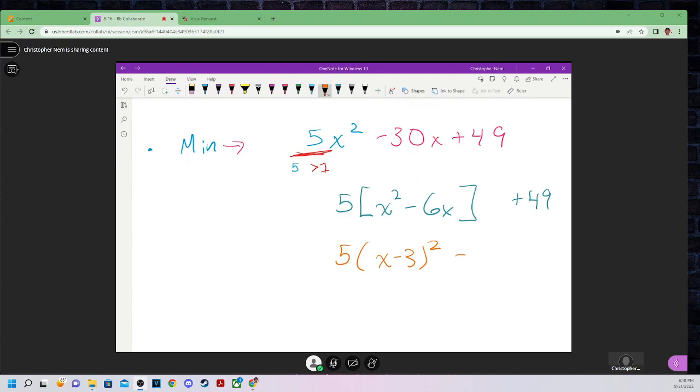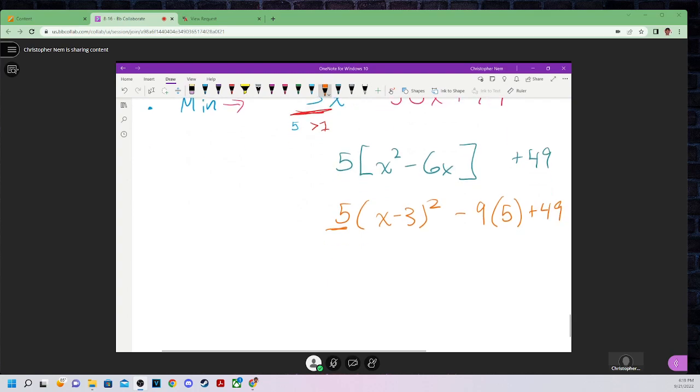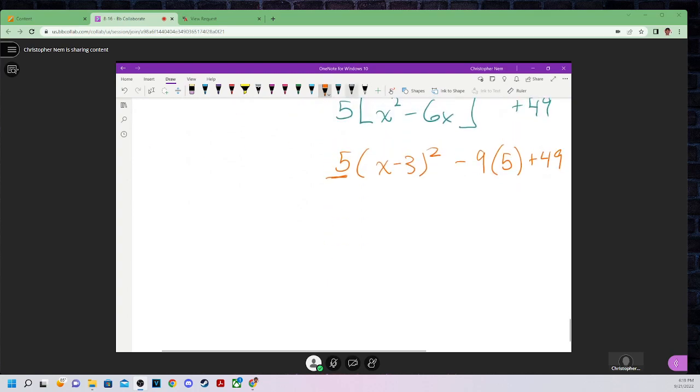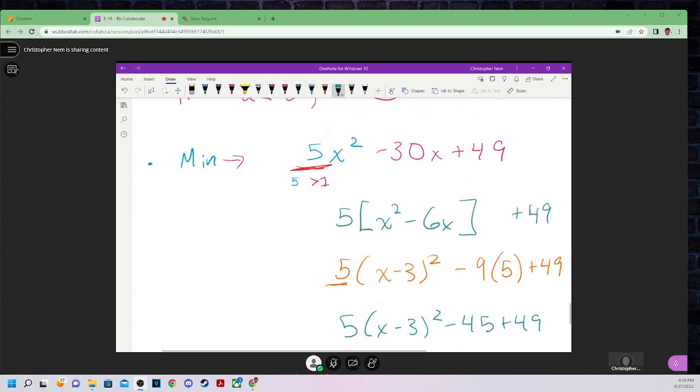I'm going to subtract off whatever I square times my leading coefficient 5, plus 49. So now we get 5 times (x minus 3) squared minus 45 plus 49, which is 5 times (x minus 3) squared plus 4. And this is my new function right here.